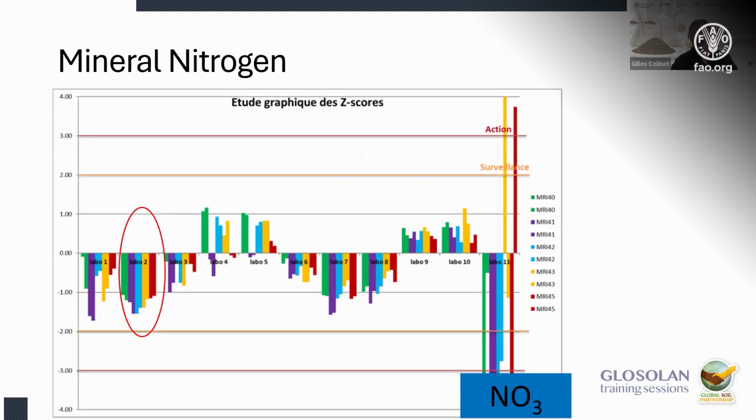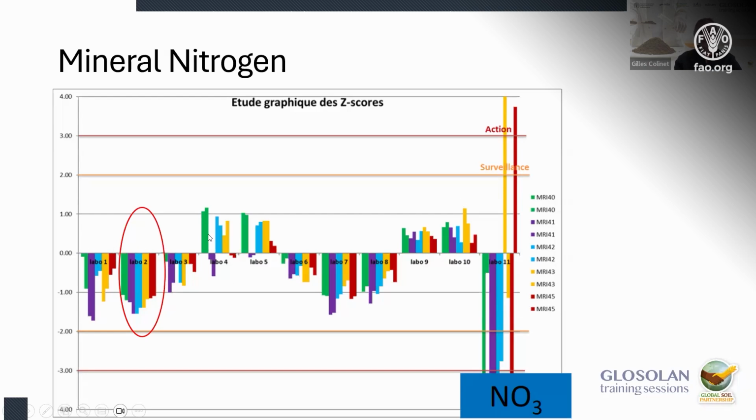Regarding the quality of the analysis, we participate in a proficiency test that is organized by one of our partners. We do proficiency tests for soil parameters, and they do it for the mineral nitrogen. We are lab 2, so I can show you this graph.